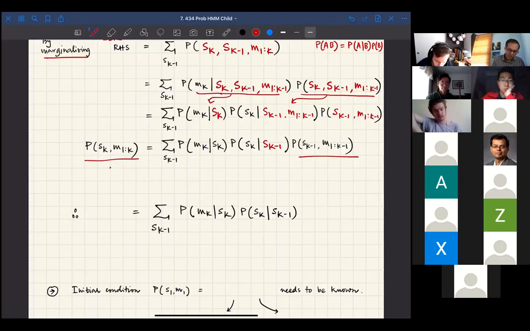Right? Let's call this alpha k. Then what is this? Alpha k minus 1. Perfect. Okay. So now I have alpha k equals this times alpha k minus 1.